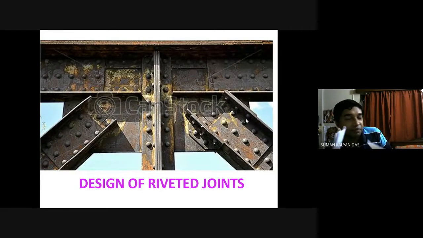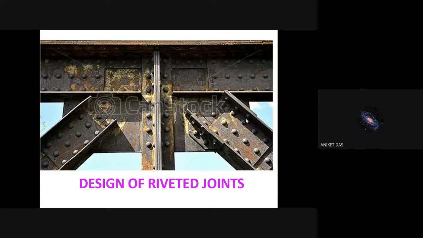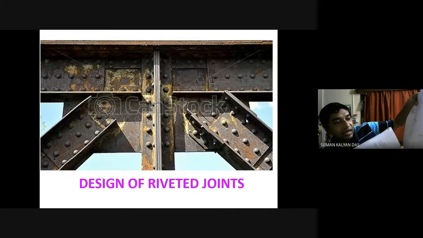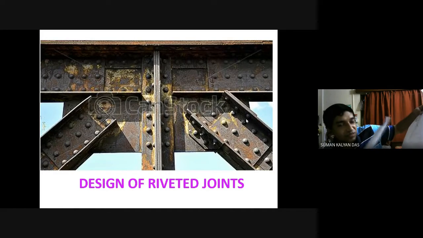Why is it the weakest? Anybody, some points? Sir, stress will be the maximum at that place. So stress concentration increases. Yeah, there are holes, and for those holes there are stress concentrations. Then I am using rivets or bolted joints, which may be of different material.